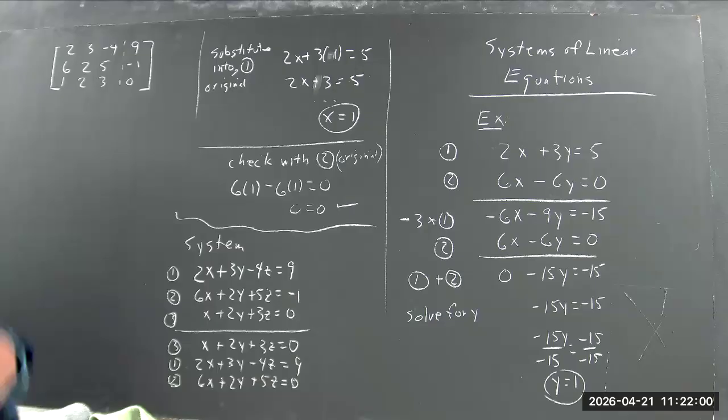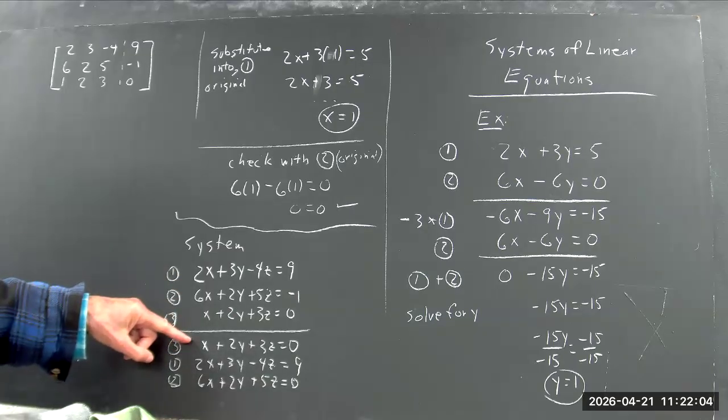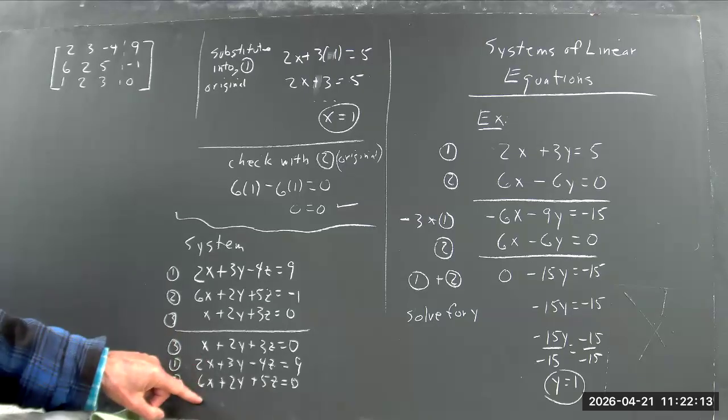And I can also multiply the first equation by -6 and add it to the last equation, and the x's will go away there.